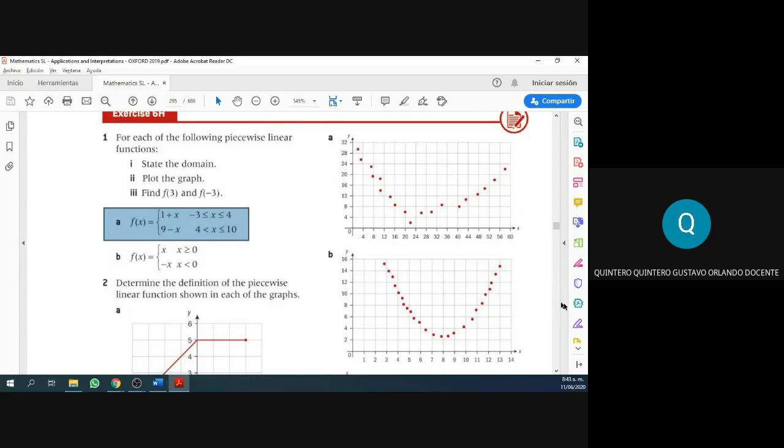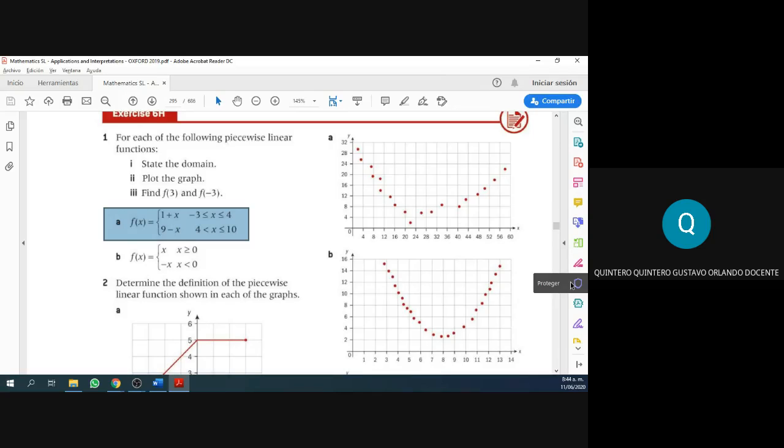To do that, let me change into my board. Give me a second. I'm going to copy the function, and then I'll show you in the board. F of x equals, and then we have in pieces 1 plus x and 9 minus x.